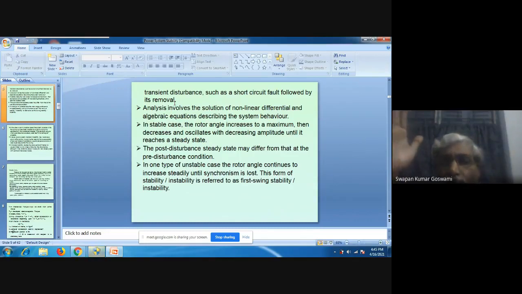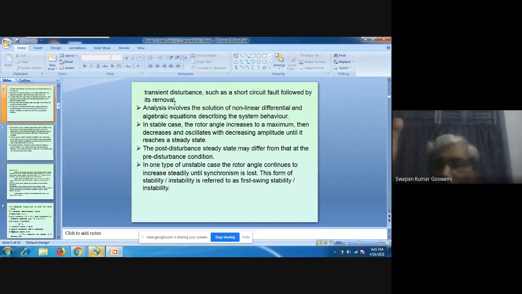Now, if a fault occurs at the terminal, that means at the bus bar or at the end of one of the lines connected to the generator bus, what will happen? If it is a three-phase fault, for simplicity, the voltage at the fault location will become zero, and since the terminal voltage of the generator is zero, obviously power cannot flow through the transmission line.